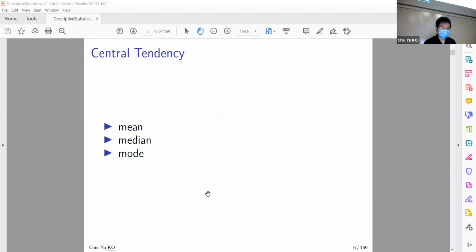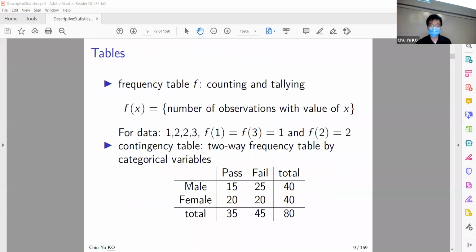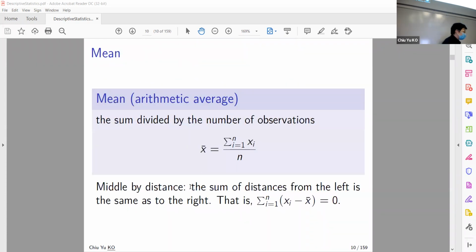So let's very briefly talk about mean, median, mode again. I'll try not to repeat too much, just a little bit about the mean. The formula is well known from elementary school: the sum of all the observations divided by the total number of observations. The formula is no problem.